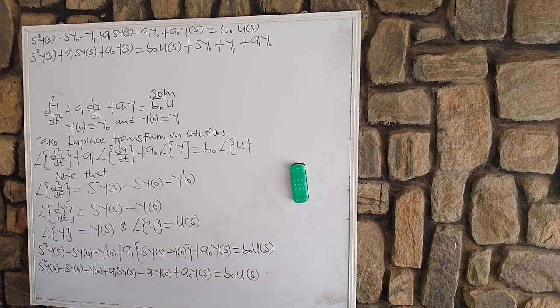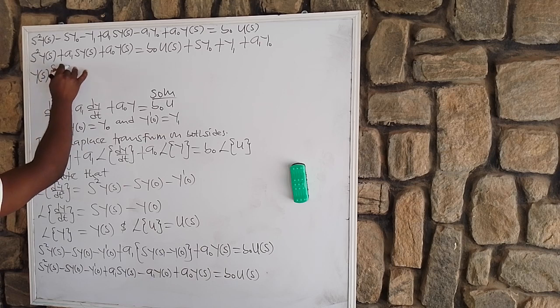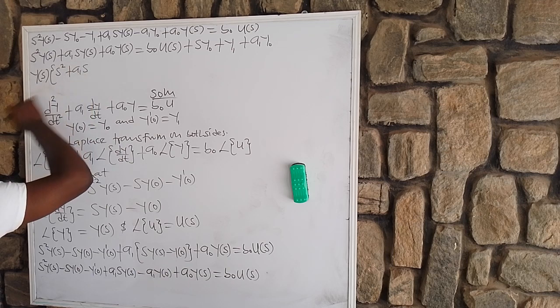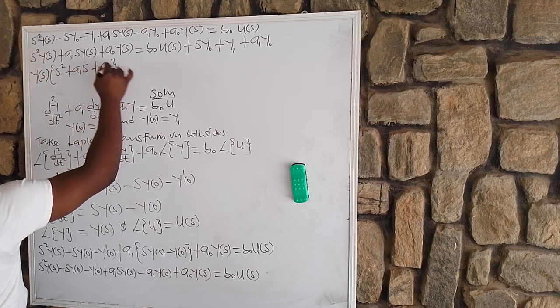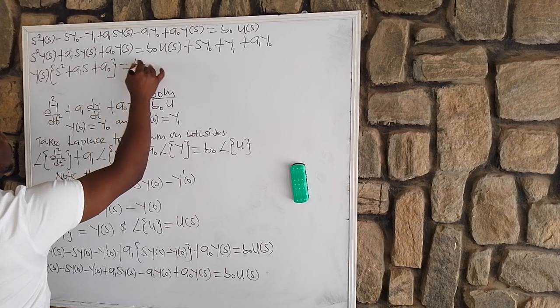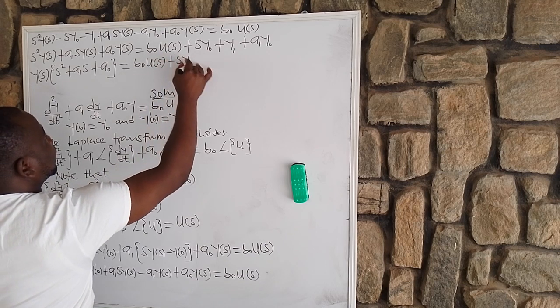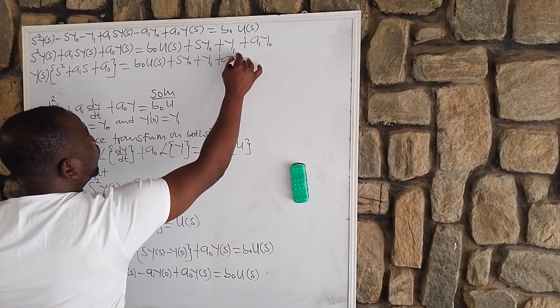We factor out what is common, which is Y(s). So Y(s) times s squared plus a1 s plus a0 will now be equal to b0 U(s) plus s y0 plus y1 plus a1 y0.